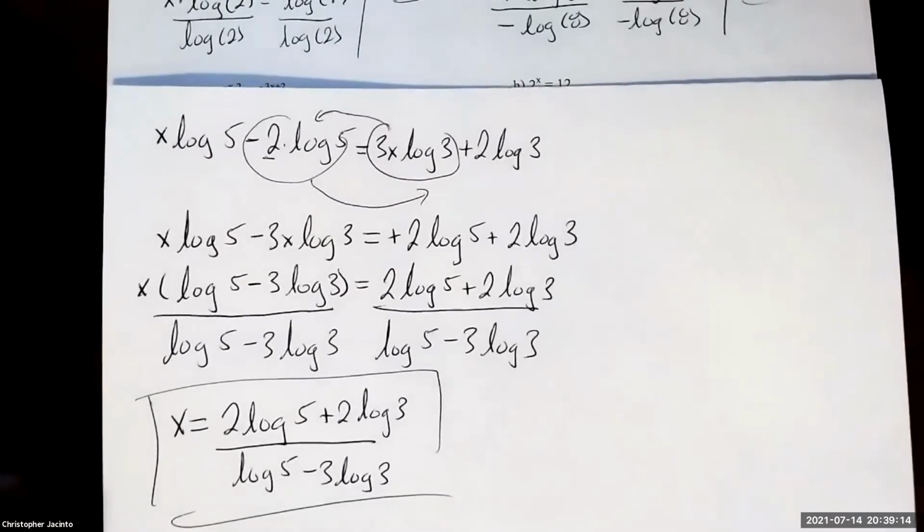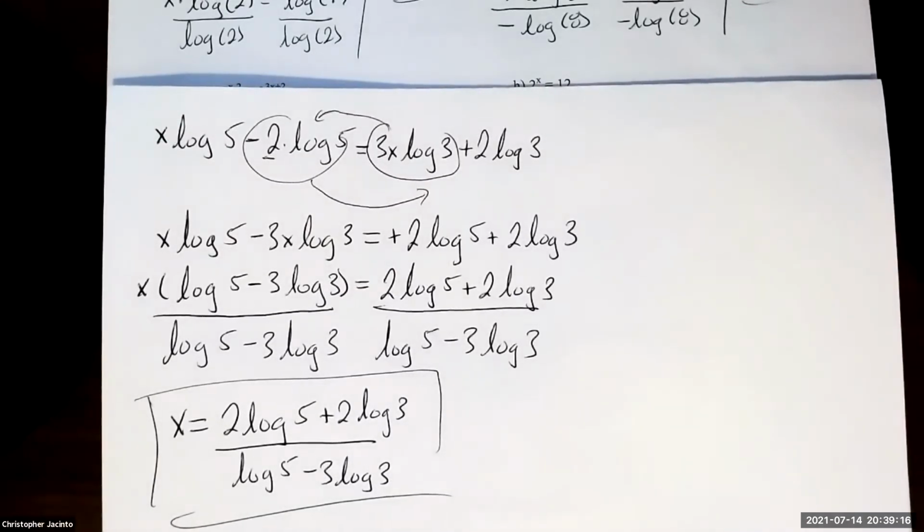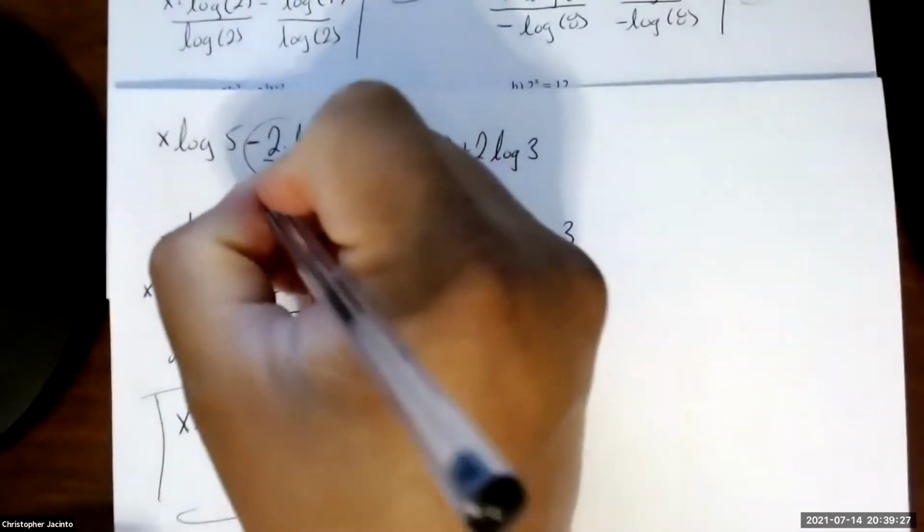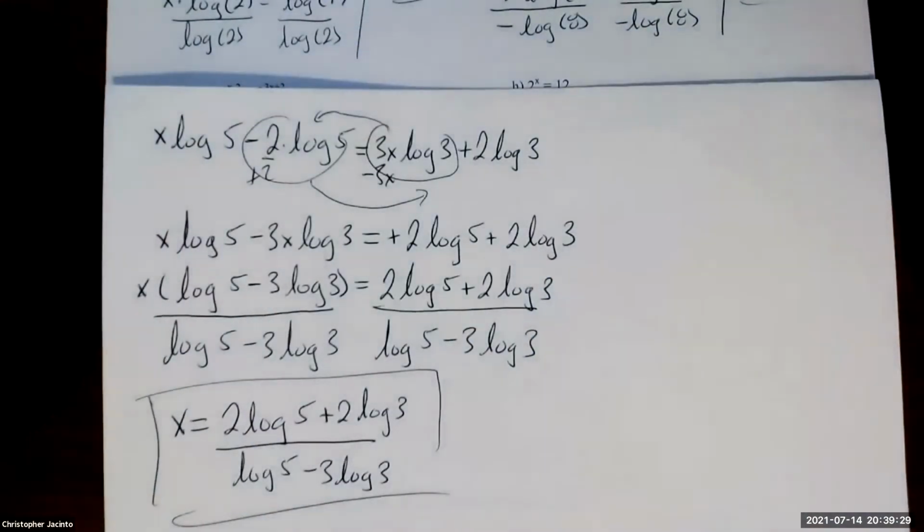So, any questions on this one at all? How we started it and how we slowly simplified this? Did you change the signs because we swapped places? Yeah, because technically you're subtracting this one and you're adding it. Oh, okay, so I just get that quick little step. Yeah.